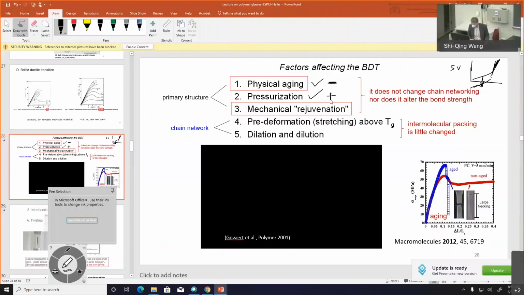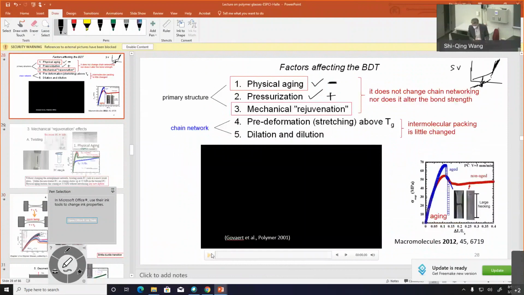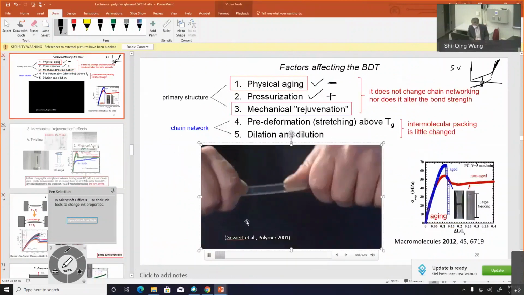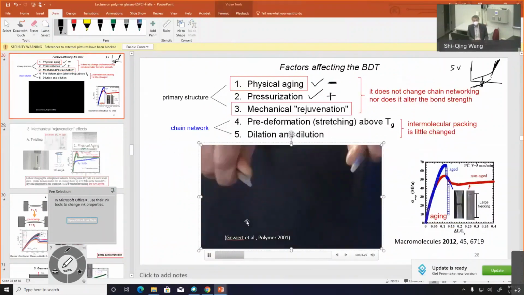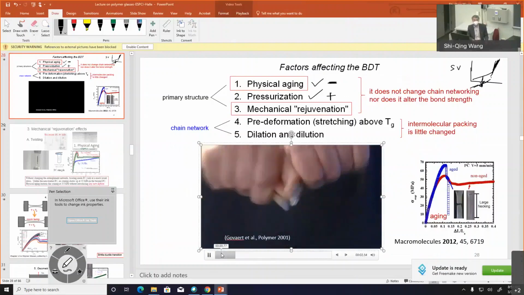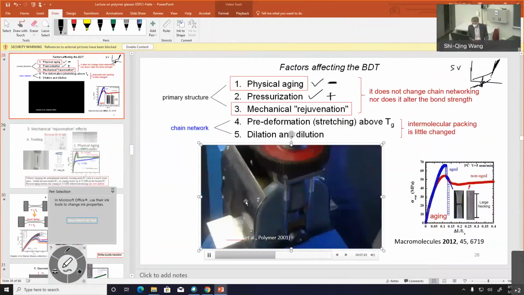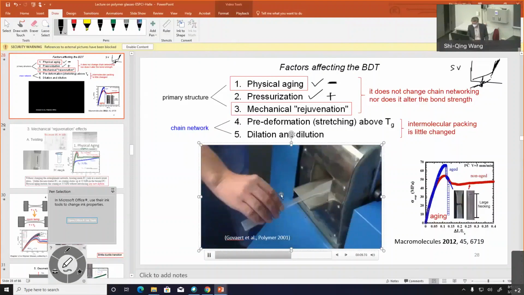One of the well-known ones is, of course, the third one, called mechanical rejuvenation. And this movie, it plays, oh Lord. Yeah, it will show that. So this is a magician's game. This is a piece of polystyrene, okay? Piece of polystyrene, it's brittle. Now you know what brittle means. It passes through a two-roll mill. On the other side, it turns ductile.